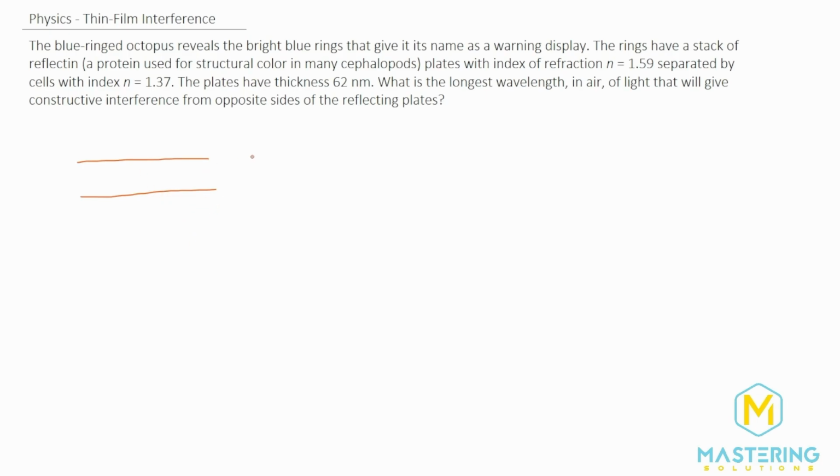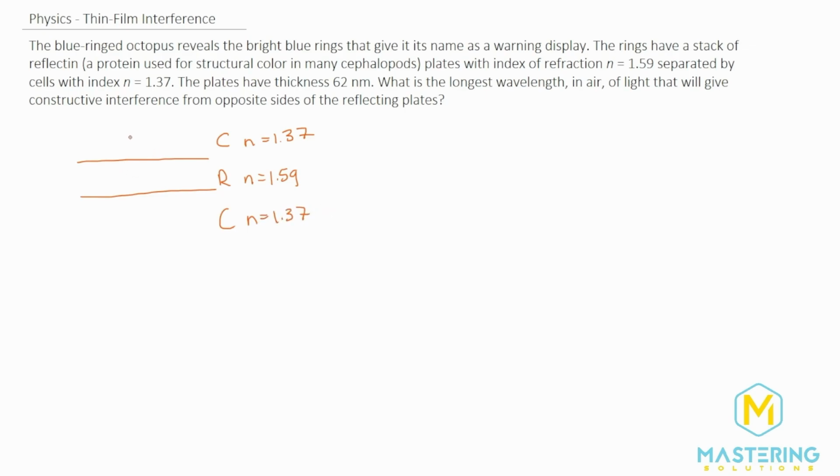So down here, we'll say R for the protein reflectin, and that's the N of 1.59. And it's surrounded on both sides by this other, what did they say? The cells with the index of 1.37. So we'll just say C for cells of 1.37 index.